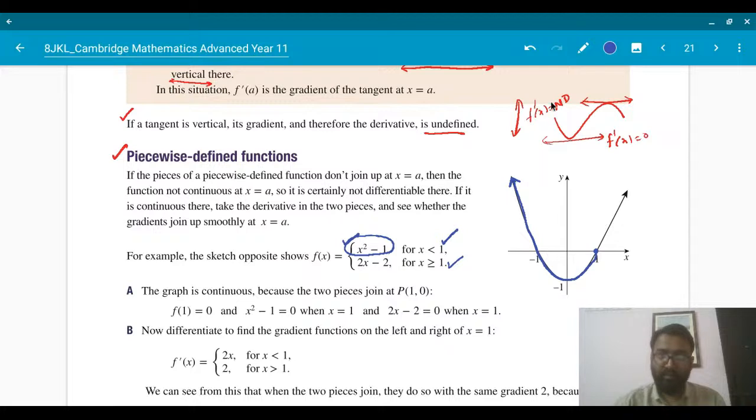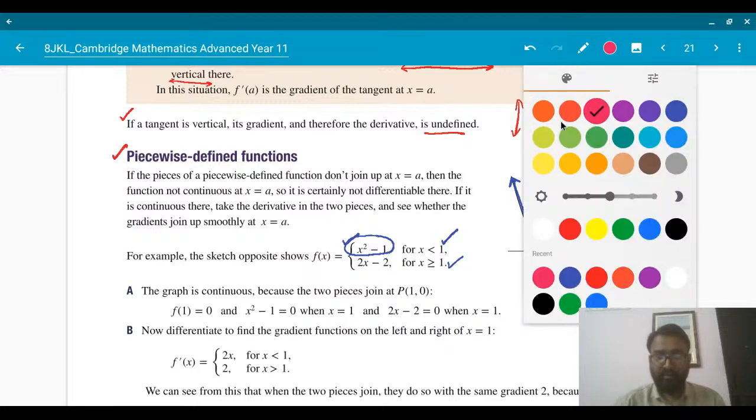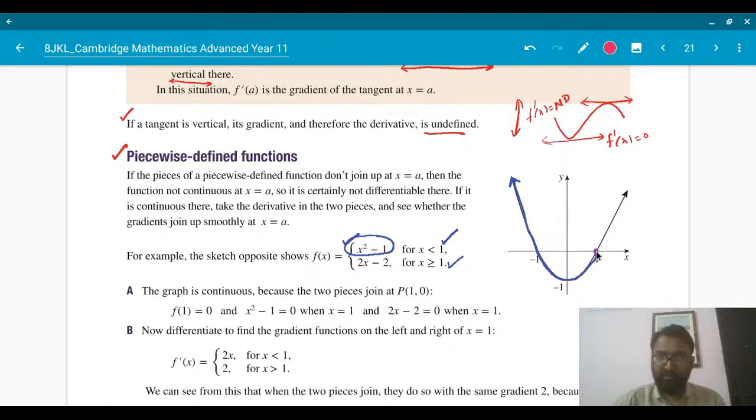And after 1, and at 1, it is 2x minus 2. What is its graphical representation? A straight line. So it is piecewise.